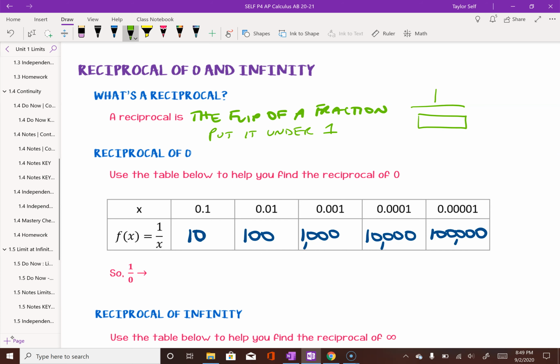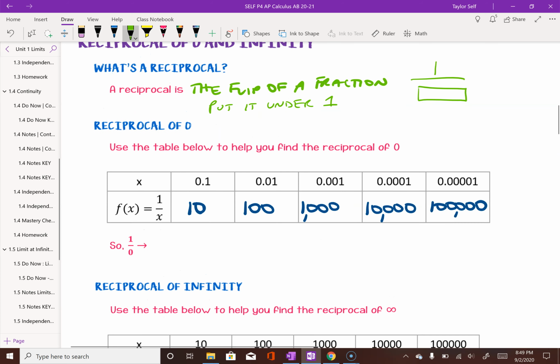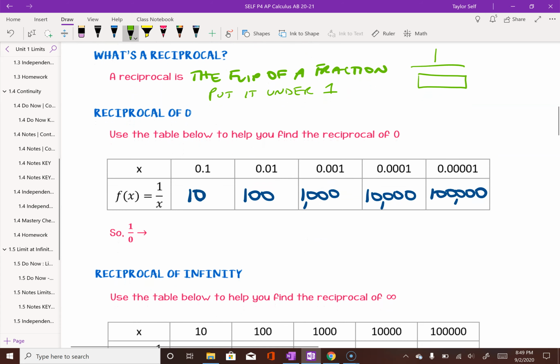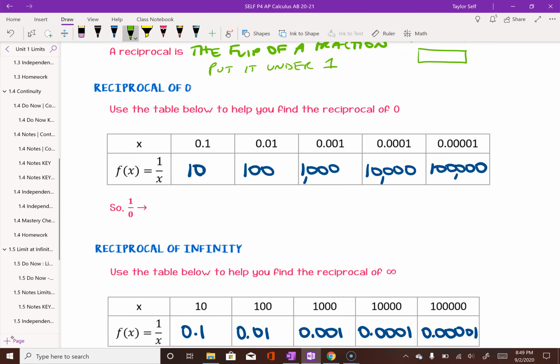Okay, so now let's talk about what is the reciprocal of 0. I already filled out this table, but we're going to look at this table below to find the reciprocal of 0. So we put 1 over 0, right? We're plugging in numbers that are getting closer and closer to 0. But remember, we're not allowed to divide by 0, so we can't actually plug in 0. So we're just going to think about the limit.